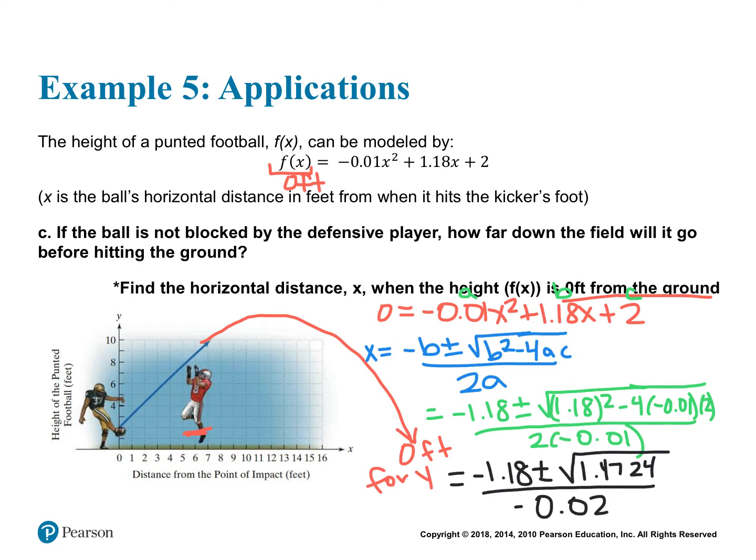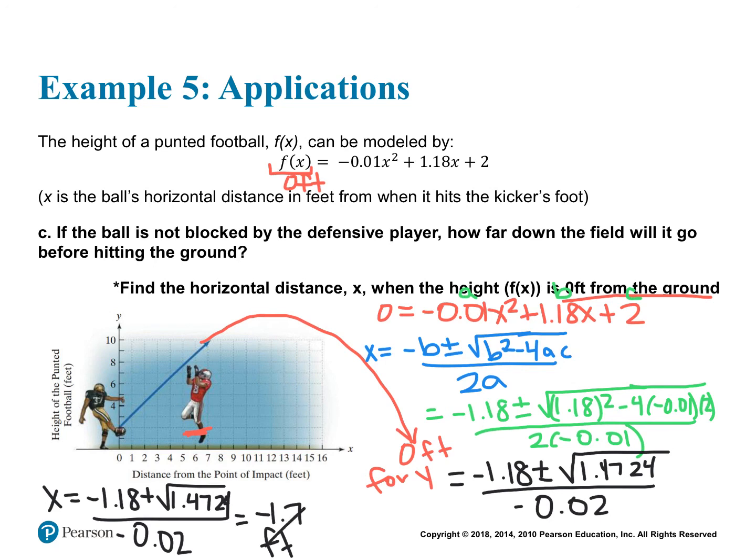Okay, so one option for x is x equals negative 1.18 plus the square root of 1.4724. So you're going to put that in your calculator, then divide by negative 0.02, and that gives you negative 1.7. But we're talking about feet. So this one is not a possible value because we can't have a negative amount of feet.